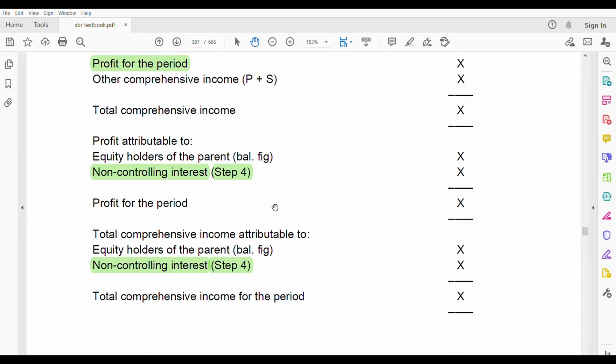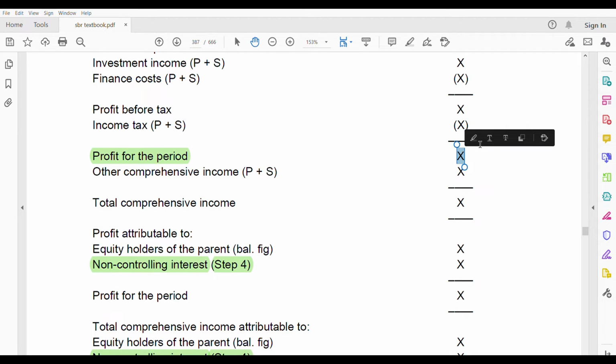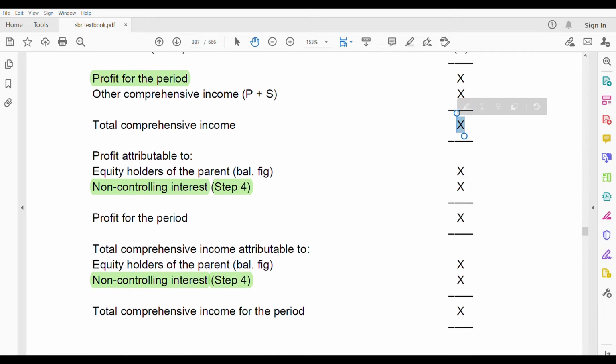So on that you just have to take the percentage. Okay. Percentage on the total profit. How do you get it? See, profit for the year is given here. On this you have to take, let's say NCI is 20%. So on this you take 20% and you will be writing here. And for total comprehensive income, it will be this. On this now you have to apply 20% and you will write here.